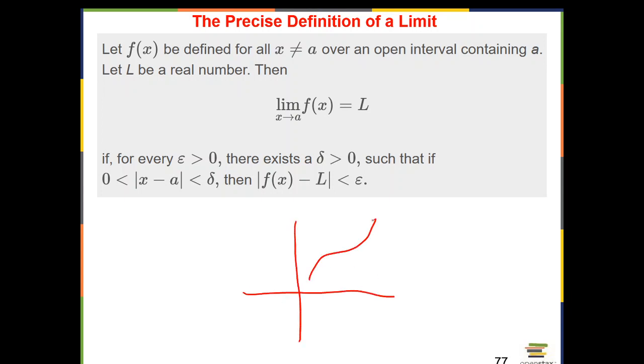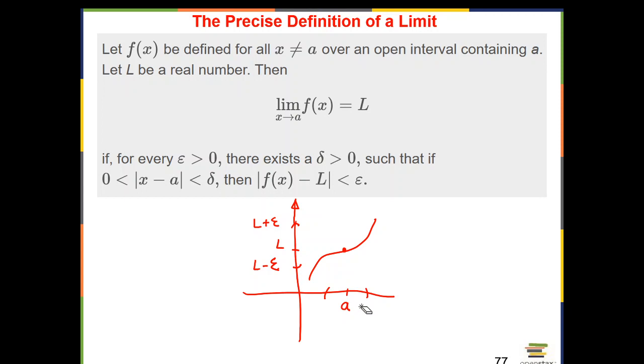So if you have a function whose limit at a is L, if I want to prove to you, for example, that the limit of this function is L, then I'm going to have to be able to do this. If you come up with any epsilon distance from L, and epsilon is just a small positive number, so if you want to be within epsilon of L, then I'm supposed to be able to find a delta here.